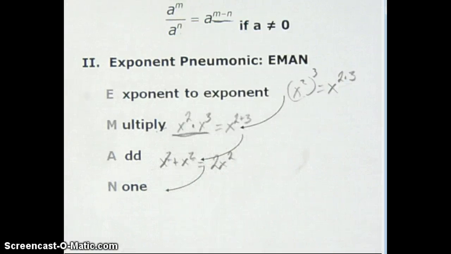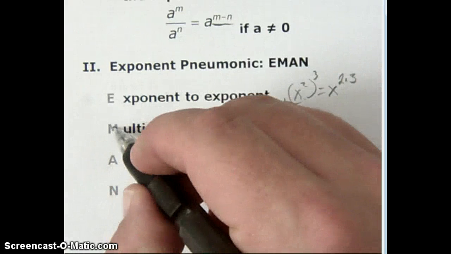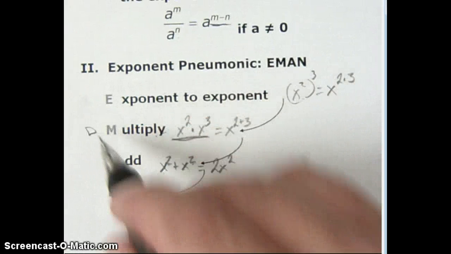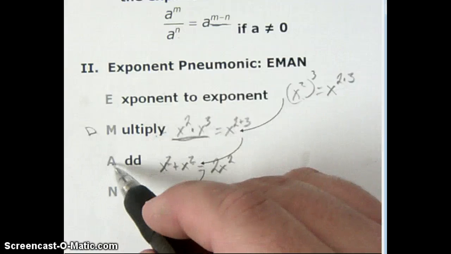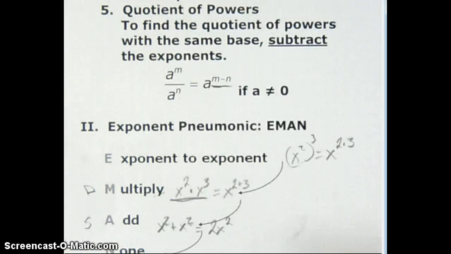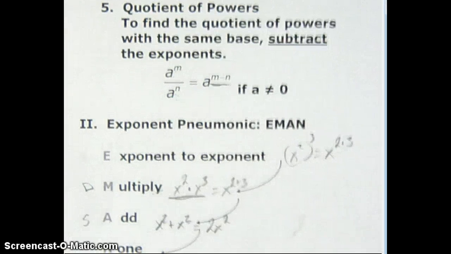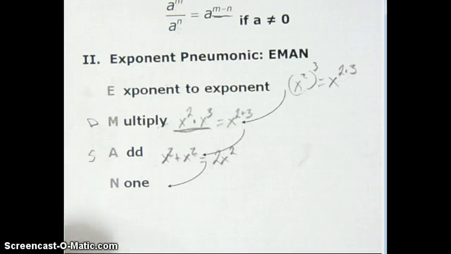We don't do anything with the exponents. Also, the opposite of multiply would be divide. So if I'm at the divide rule, then I do the opposite of adding, which is subtract, which is what we are talking about today. If I divide powers, you subtract the exponents. So that's E-man. Might help you out, might not. But E-man will keep you in order.